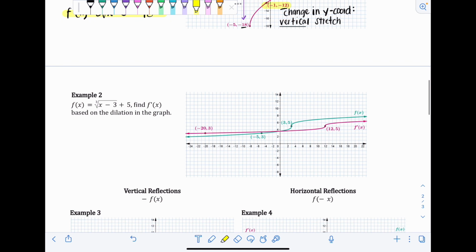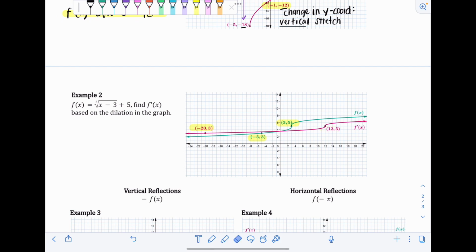So let's see, this point, negative 5, 3 becomes the point negative 23... Sorry, I've kind of mixed that up.